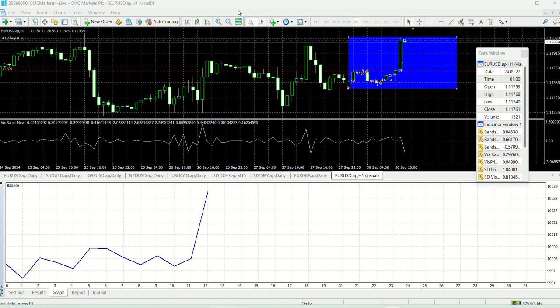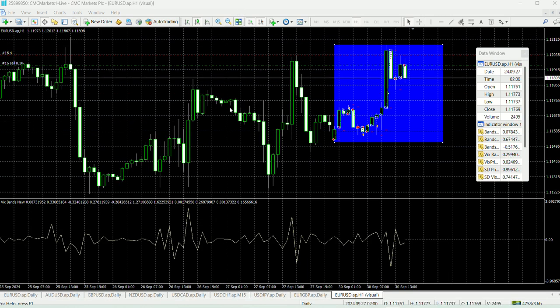That long candle gave us some good profit. The equity graph is looking very good so far, and we are again in a buy trade now. Let's see what happens after some time. After a few hours of progress, let's look at the graph.